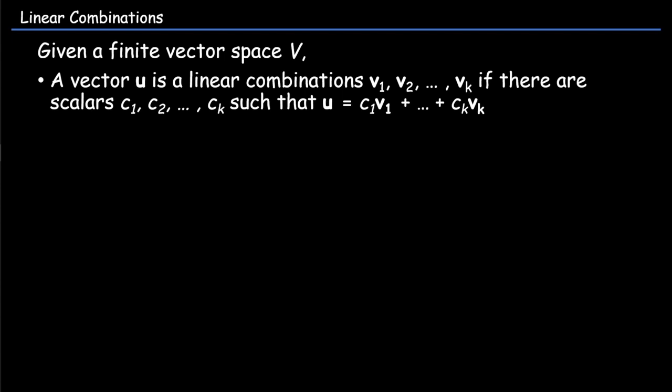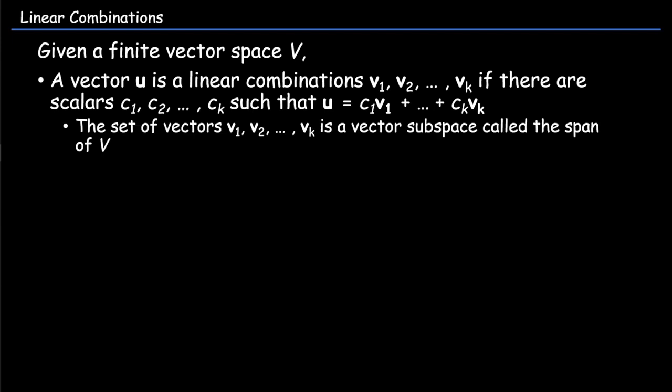Vector U can be a linear combination of vector v1, vector v2, all the way to vector vk if there are scalars c1, c2, all the way to ck, such that when you multiply each scalar with one of those vectors and add them all together, it will equal U. Another way to say this is basically, if we have a vector U, it is possible that there are certain other vectors that when you multiply them by specific numbers and add them all together, you can get that vector U back.